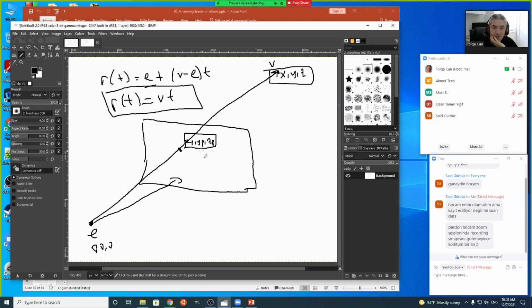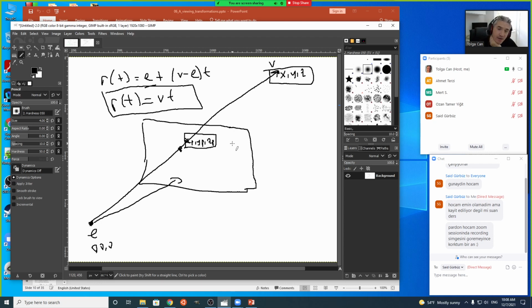Now, the problem of finding this XP, YP, ZP boils down to finding the intersection of this ray with the image plane, the image window, and then this intersection point will be my XP, YP, ZP. So we'll try to find that intersection point.